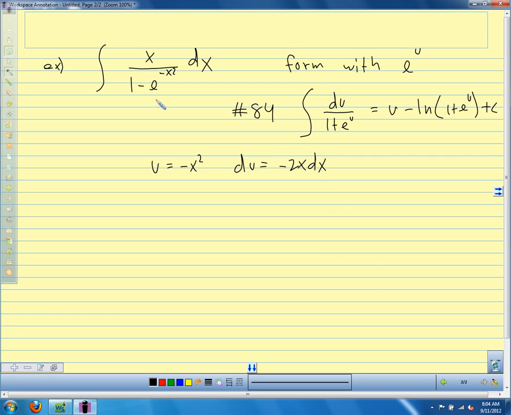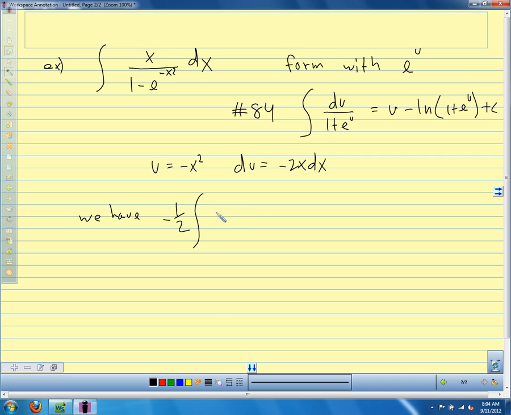So we have to take into account our du. We have this factor of minus 2 that we have to deal with. We don't have it in our integral, so we have minus 1/2 to account for that minus 2.